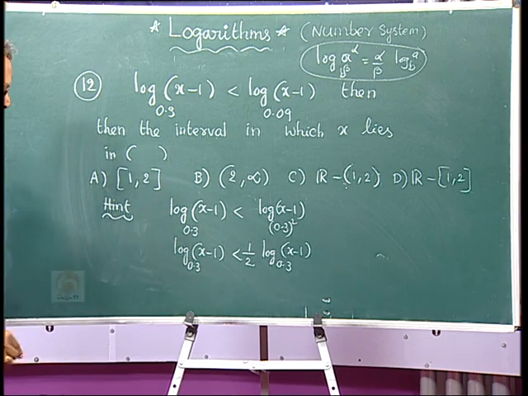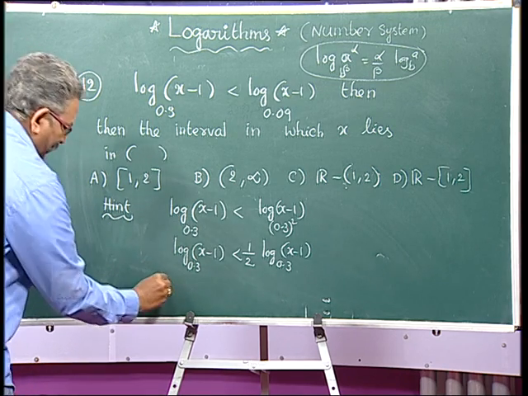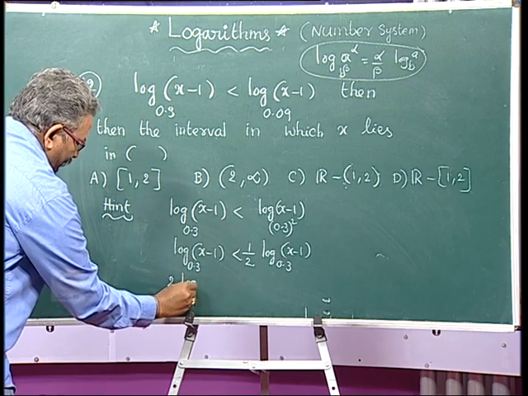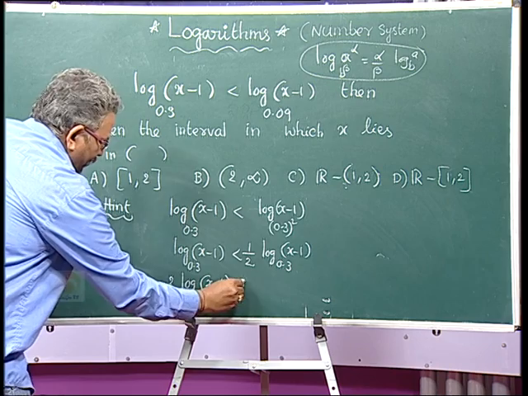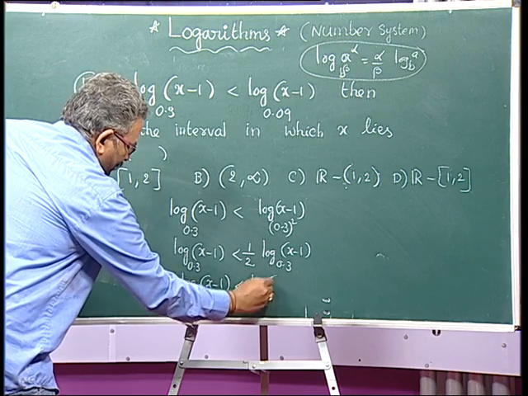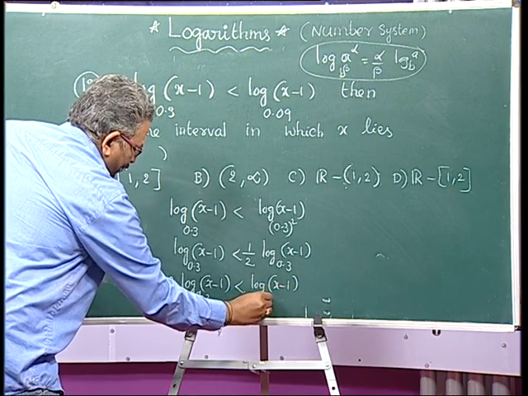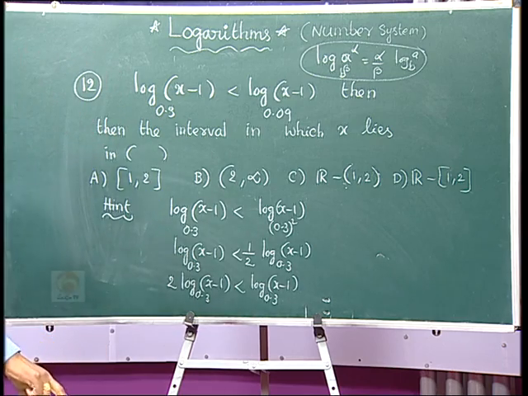Multiply 2 on both sides, so this can be written as 2 log of x minus 1 to the base 0.3 less than log of x minus 1 to the base 0.3.